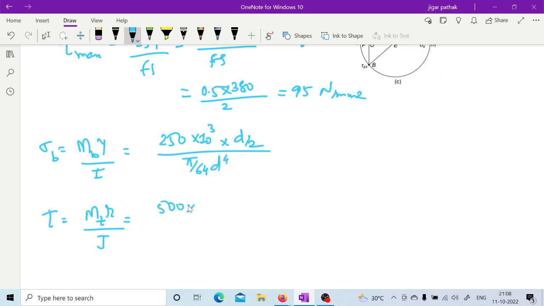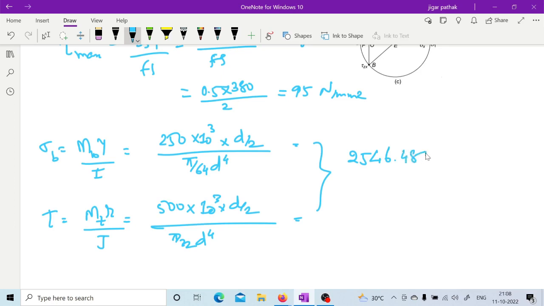For tau it is 500 into 10 raised to 3 into d by 2 divided by pi by 32 d raised to 4. But both are coming almost the same. So this is 2546.48 into 10 raised to 3 divided by d cube, in Newton per mm square.